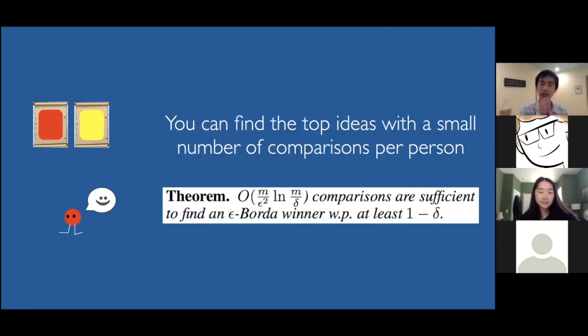So we worked on this voting problem and on some things related to small group decision making, and basically there are ways where you can design randomized algorithms to enable efficient discovery of information and ranking. They call it preference elicitation. You can elicit the preferences efficiently with a small number of comparisons per person.